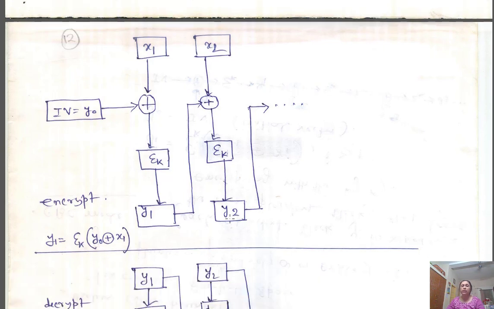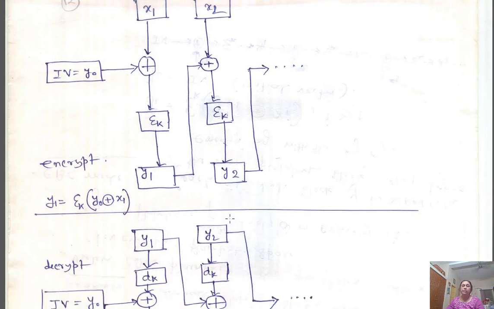And decryption is simple. From the ciphertext, you have to get your plain text X1. So you first have to decrypt your Y. You have your Y0 at hand, and the ciphertext Y1, Y2, Y3, you have all of these.